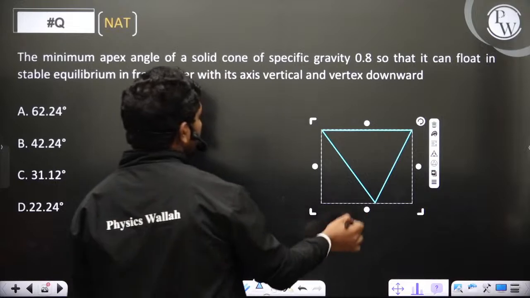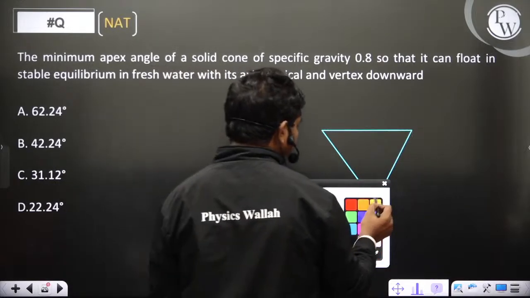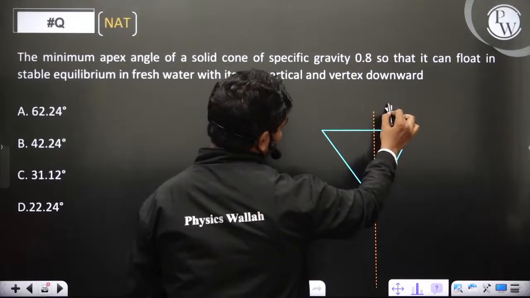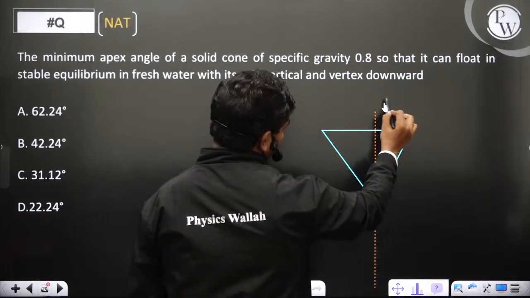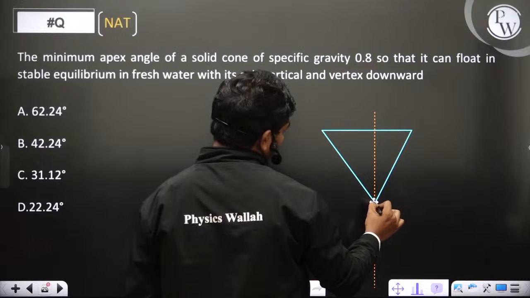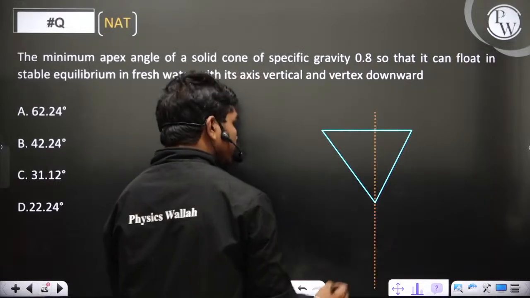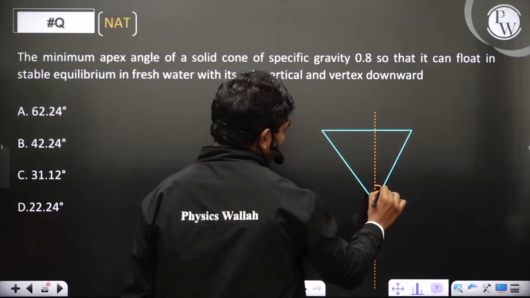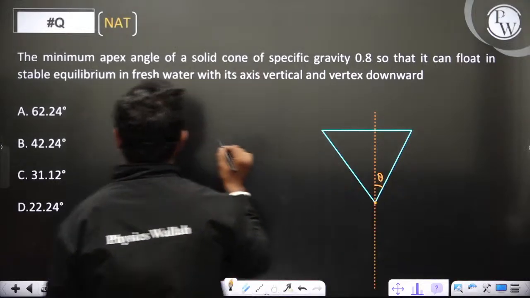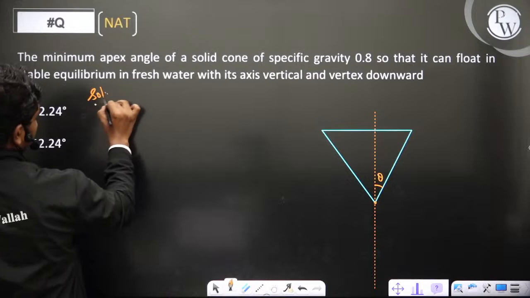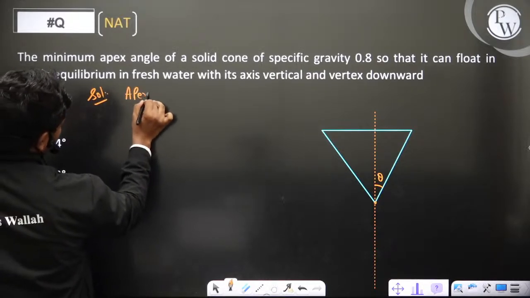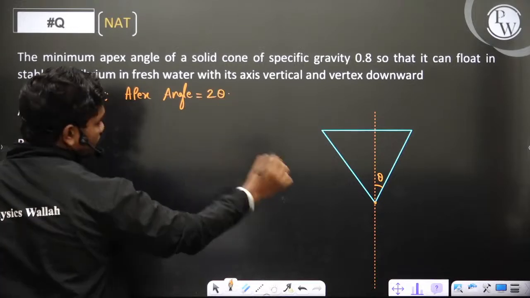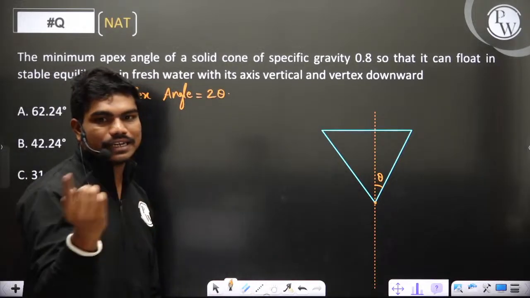This is the axis vertical, and this vertex is downward. Let us suppose this angle is theta, so the apex angle is 2 theta, because if this half is theta, then the total apex angle is 2 theta.